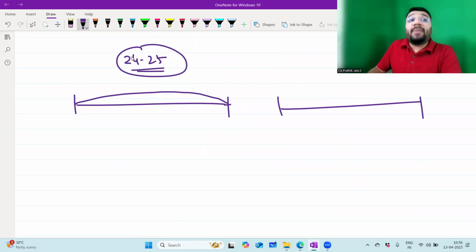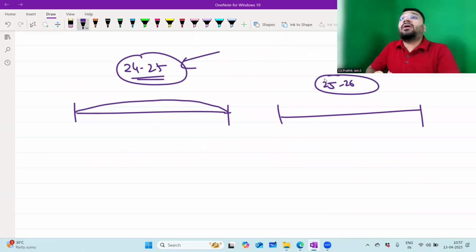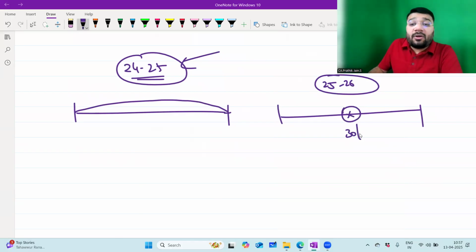You have to submit the income tax return of 24-25 to the income tax authorities in the financial year 25-26. All companies are subject to audit, and they have to submit their income tax returns by 30th September, not 31st July. All individuals other than companies who are not subject to tax audit have to file by 31st July.